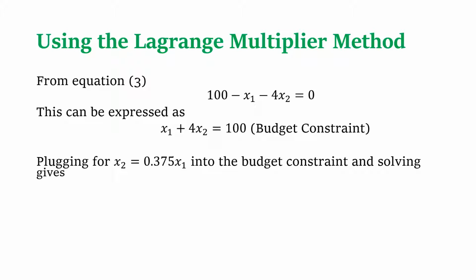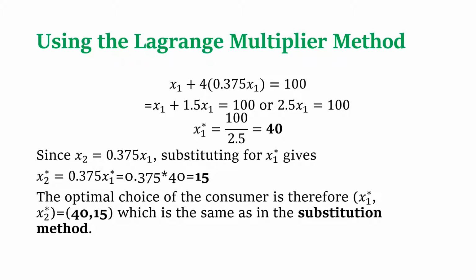In place of x2 there, we just plug it in and then we solve. We're going to have x1 plus 4 times 0.375 x1 equals 100. So x1 plus 1.5 x1 is 2.5 x1 equals 100. x1 star equals 100 over 2.5, which is what?